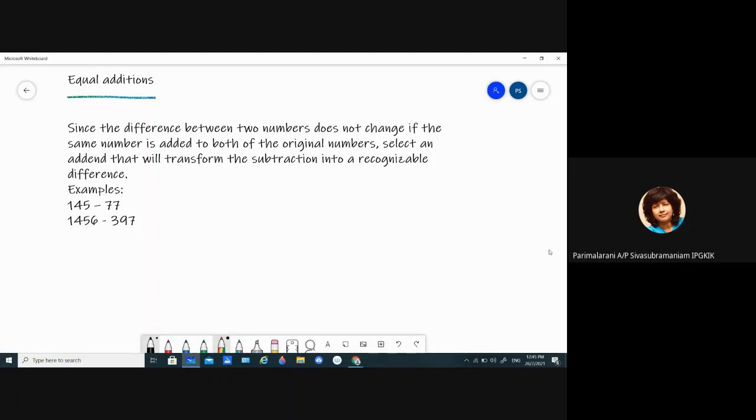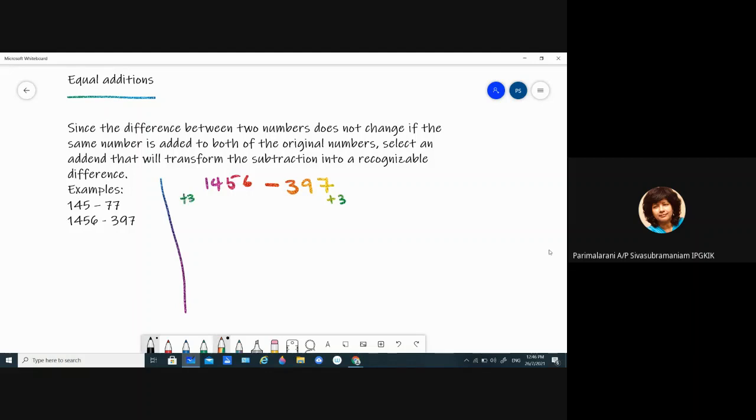Let's look at this example first. Say we want to do this 1456 minus 397. If we add a number to both of these numbers, the difference doesn't change, correct? So if I feel this is difficult to do, maybe I want to make this into 400, I can add 3 to this number, right? If I add 3 to this number, then I should add 3 here also.